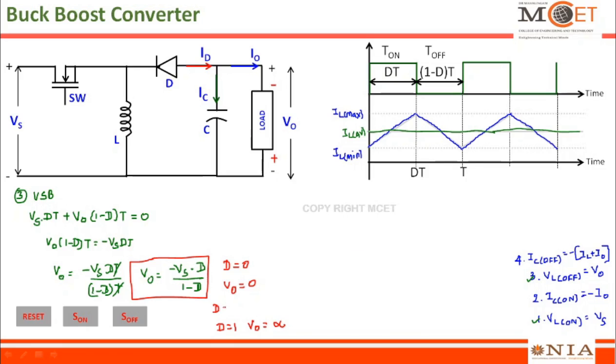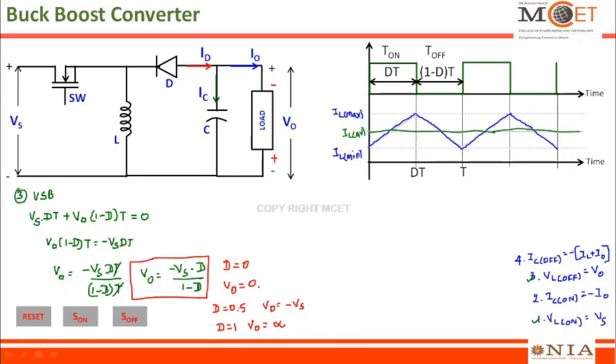When I put D is equal to 0.5, V0 has 0.5 in the numerator and 1 minus 0.5, again 0.5, in the denominator, so both 0.5 will get cancelled. The output voltage will become minus Vs, which means the output voltage can be varied from 0 to infinity based on the duty cycle.